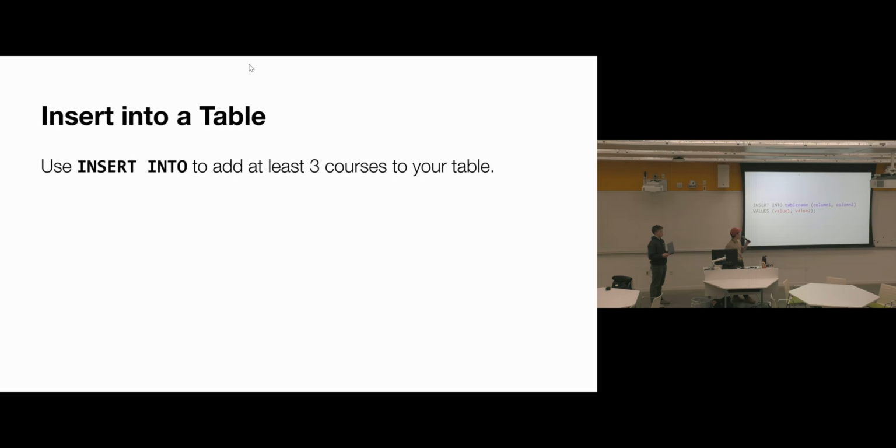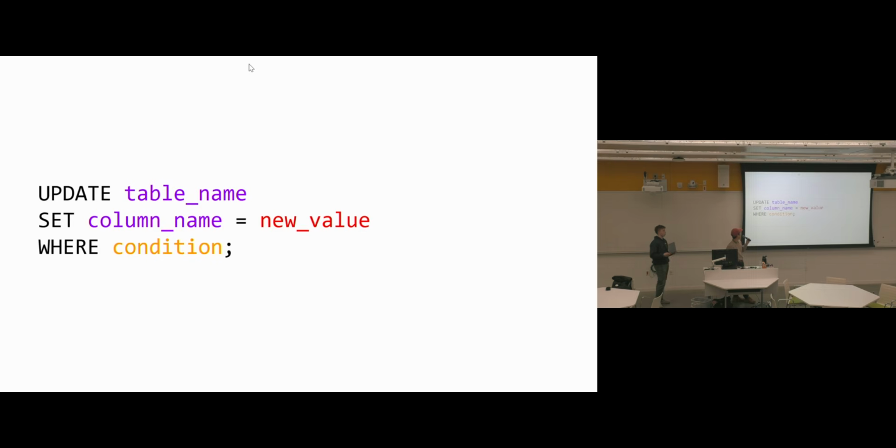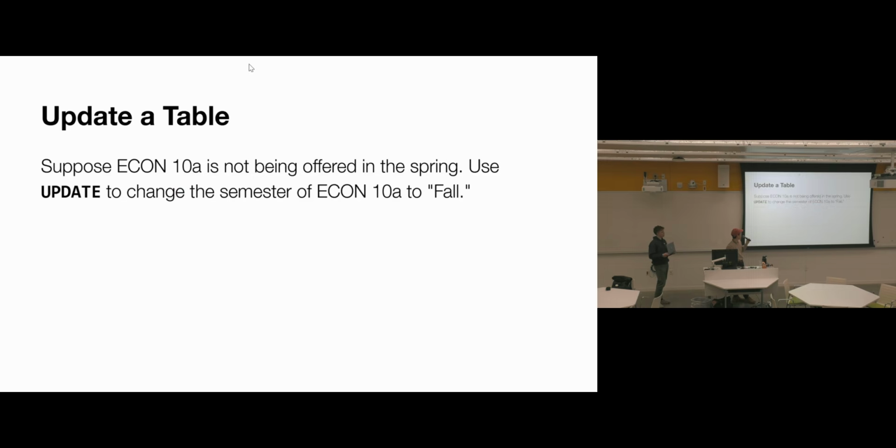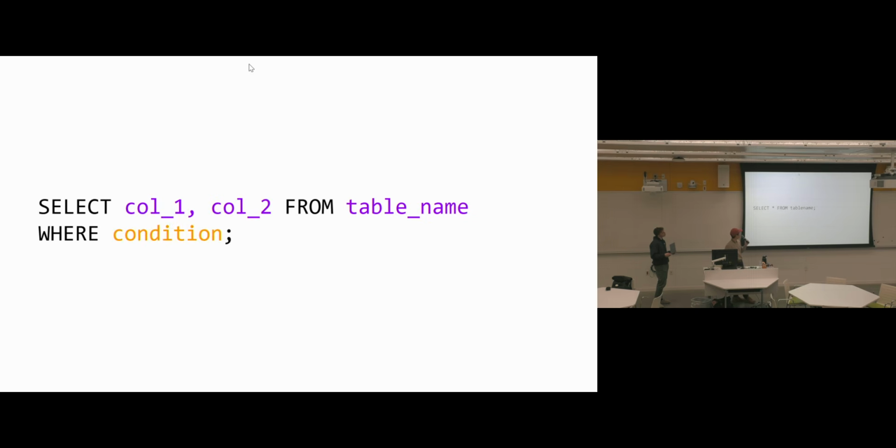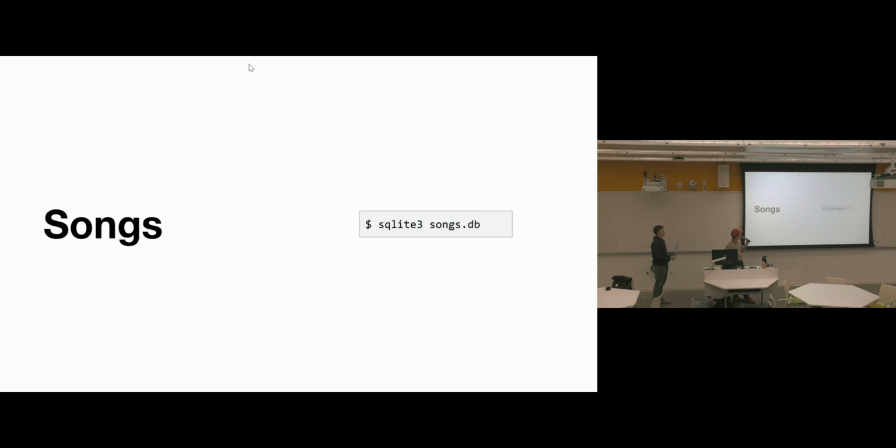We also looked at insert and update and delete. So just very basic functions that you would use to interact with the table. Then we have select star, and then a combination of these things.